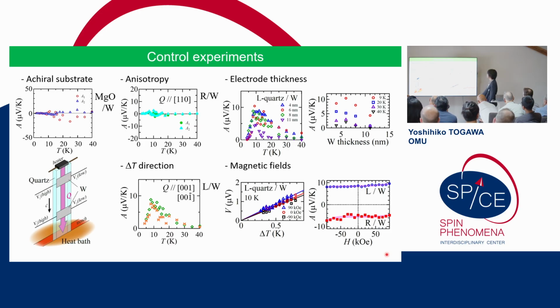Then, this is spintronics knowledge, so we changed the thickness of the tungsten electrode, and it shows the apparent spin-dependent signal. Finally, the referee required magnetic field response. We did the experiment without a magnetic field, but he or she, I don't know, was very keen on the magnetic field response.